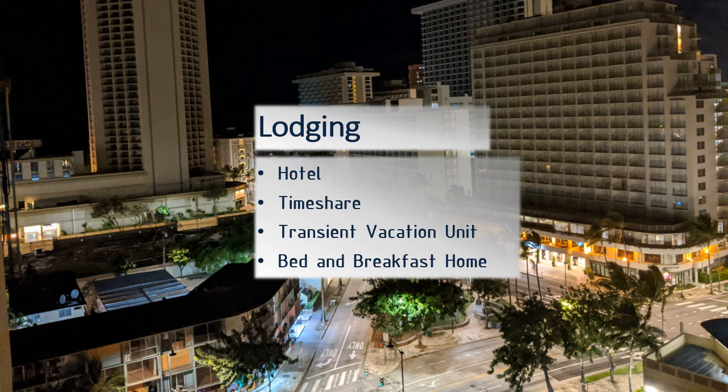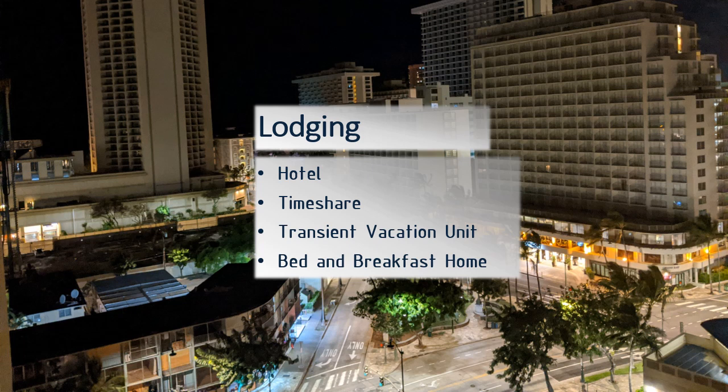TVUs, bed and breakfasts, and timeshares are also allowed in certain areas of the A1 low density and A2 medium density apartment districts and the apartment mixed use precinct within proximity to resort areas like Ko'olina, Turtle Bay, and Ho'akalei. These areas are shown on the maps in Article 5 of the Land Use Ordinance.